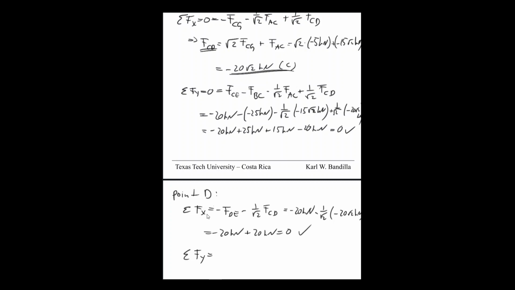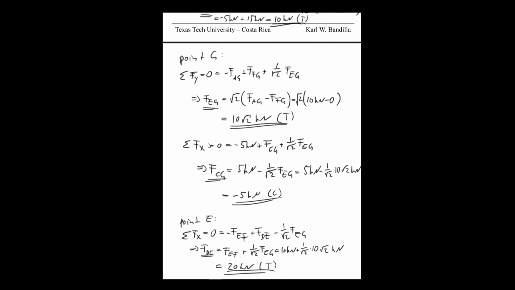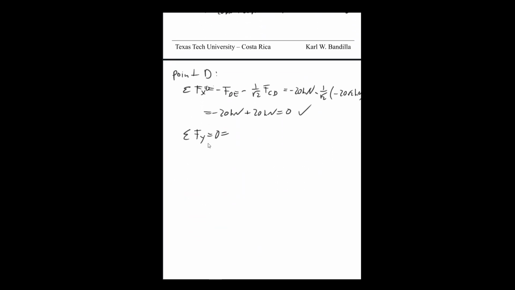Sum of forces in y is equal to 0. Fy at point D, that'd be minus 20 and minus FCD. Minus 20 kilonewton minus 1 over the square root of 2 FCD. Nothing changes with the 20. Let's just write this in the next line.